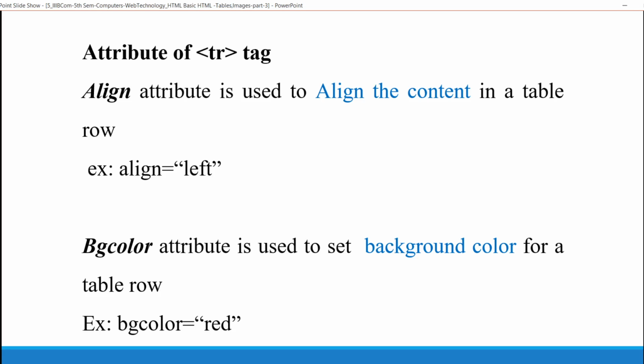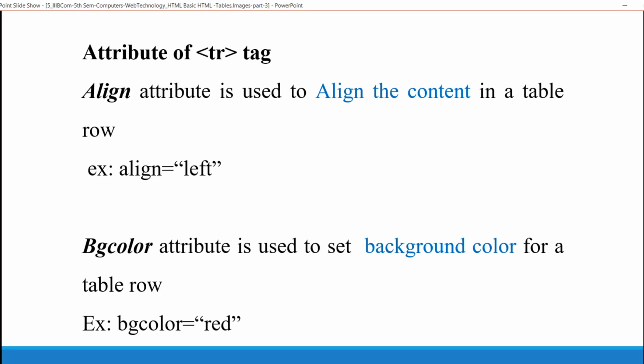If I want to highlight any text represented in a table with a color, I use bgcolor. BG means background color. It provides the color for the entire row.